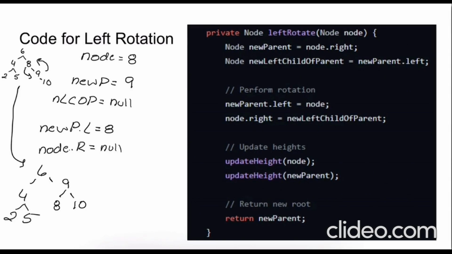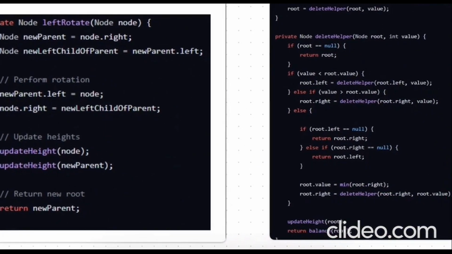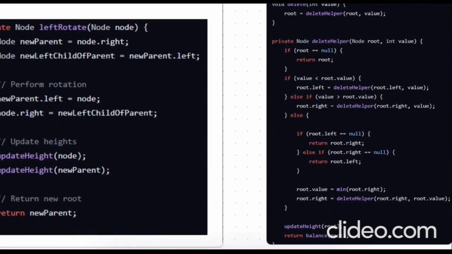One thing to look at is deletion and how it handles new children of parents, because this obviously changes the values around. So left rotate will return 9, which is the new parent, and then we can see in this delete method that it handles that, right?